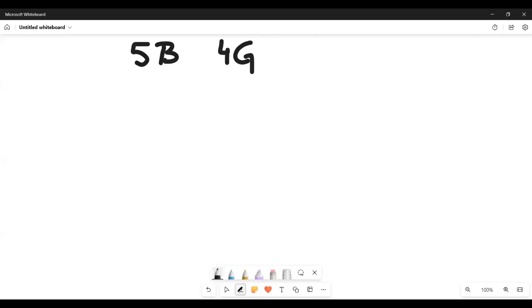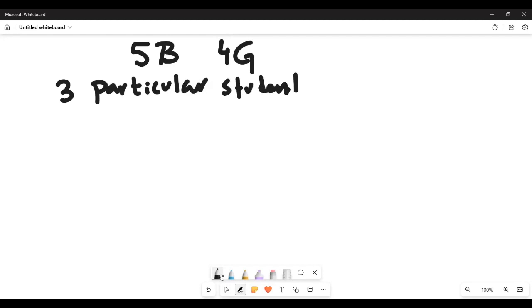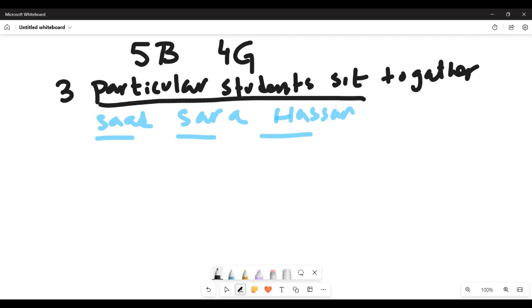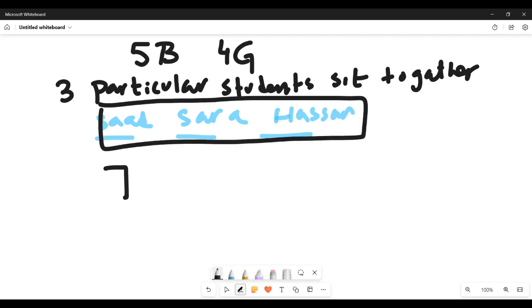So, Sara and Hassan and another student have to sit together. So we group them, and this group has 3 factorial arrangements: 3 people, 3 seats, 3 factorial.